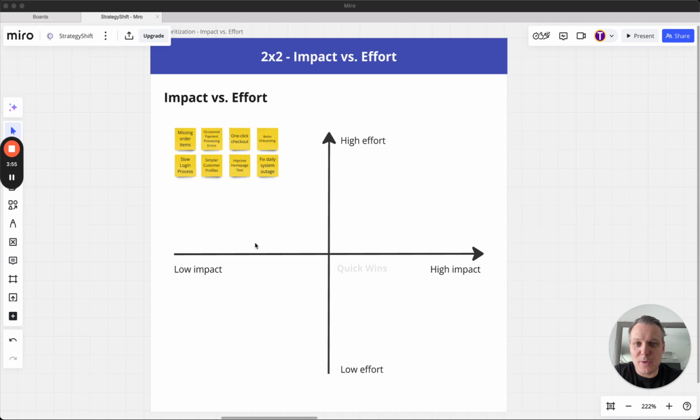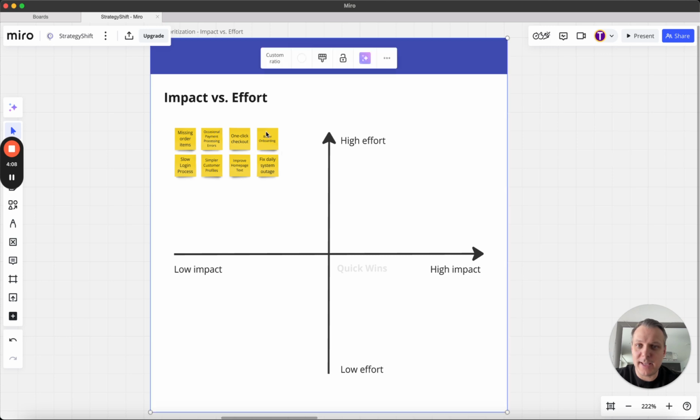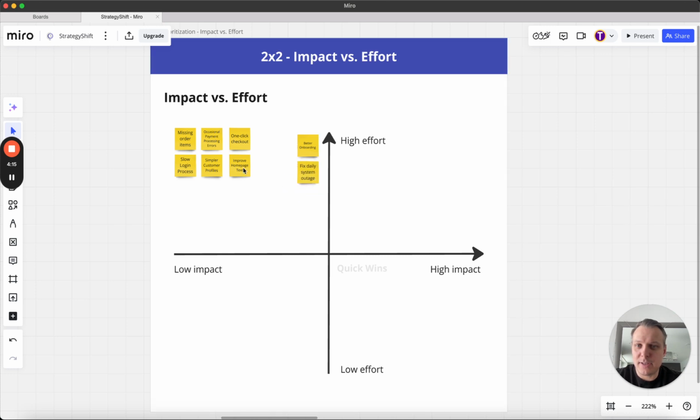What I like to do is start by placing the problems here on the effort line. How difficult is it to solve these problems? So for example, better onboarding, say it will be here, and then fix daily system outage here. One-click checkout is maybe lower effort.